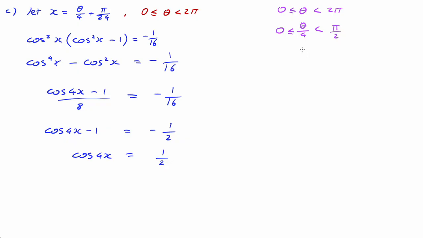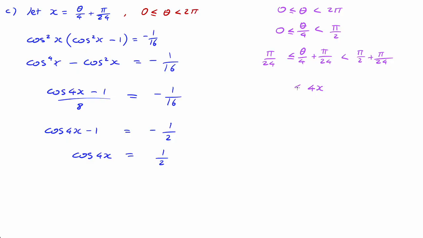So theta over 4 plus pi over 24 is between, add pi over 24 to 0, pi over 24, and add pi over 24 to this, well, it's pi over 2 plus pi over 24. Now that's x.